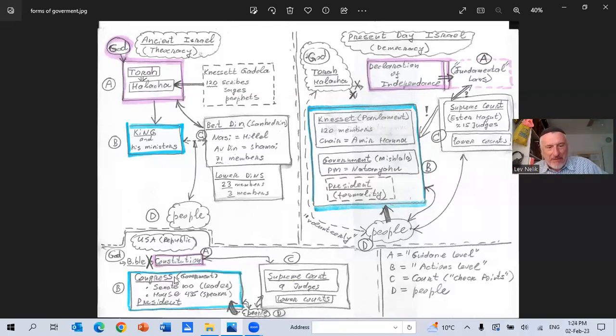Just for interest, here's the American system. In America, God and the Bible exist, and people, to some extent, follow. Many are observant people. The founding fathers of the United States created a constitution based on the Bible. Thomas Jefferson, John Quincy Adams, all these highly religious people, created the Constitution. So the Constitution in America, in the magenta box, is equivalent to the Halacha or the Declaration of Independence, if you will.